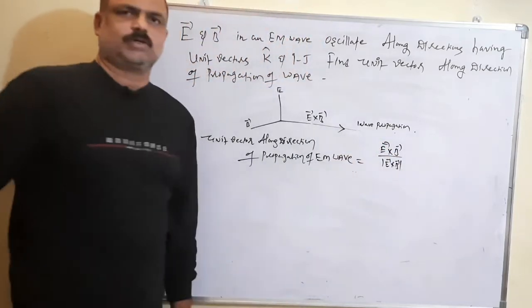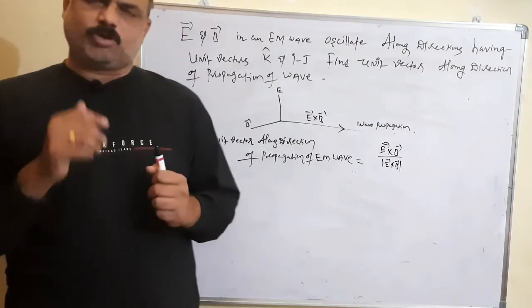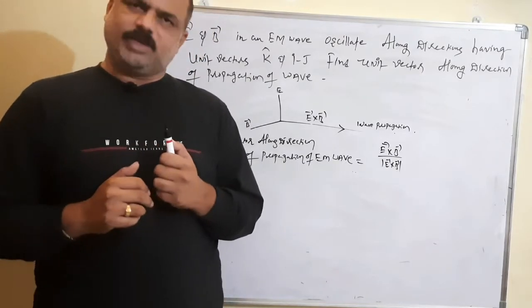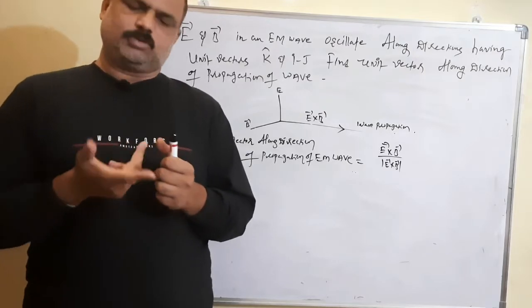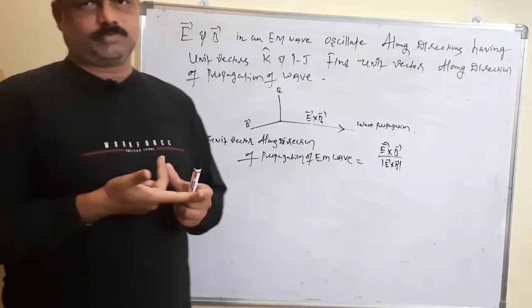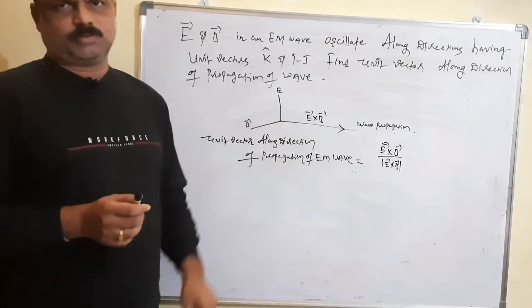So this is the unit vector. The direction of propagation of an electromagnetic wave is always perpendicular to both the E bar vector and the B bar vector. So this is the E bar cross B bar direction.